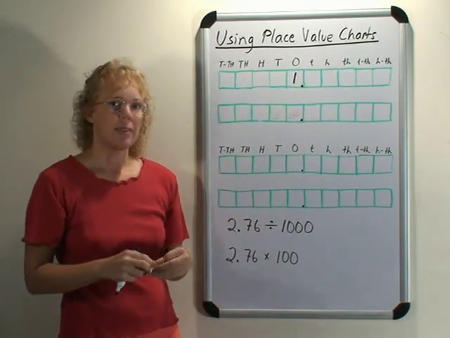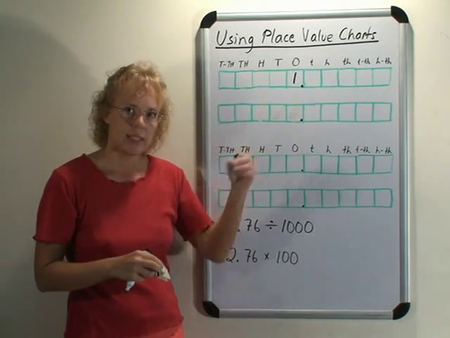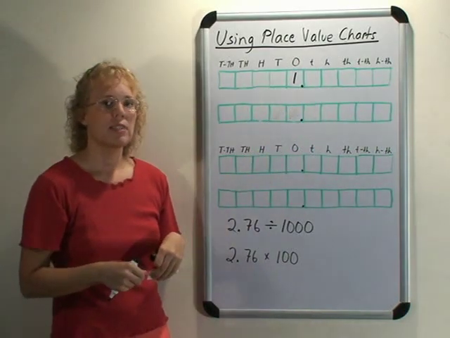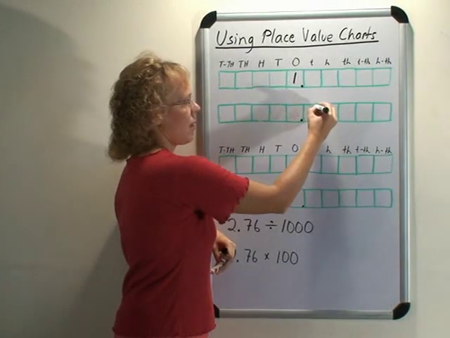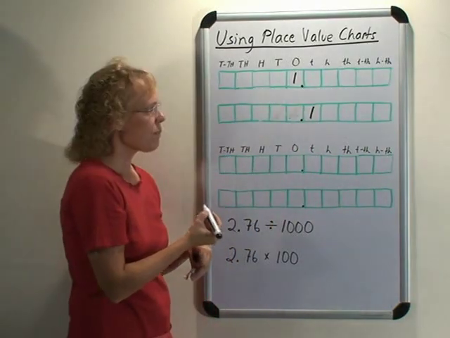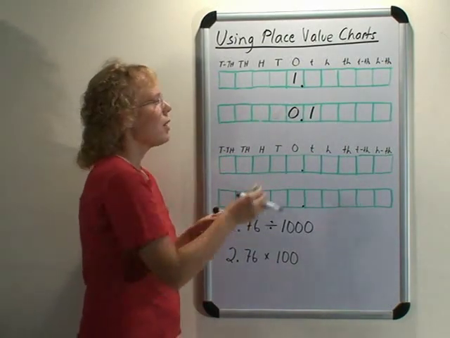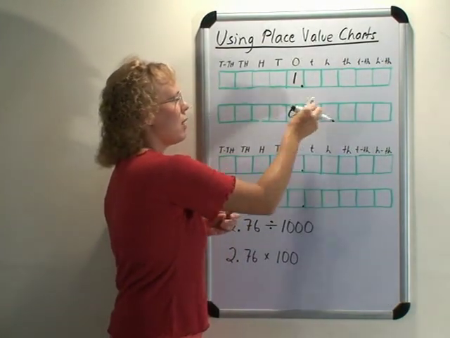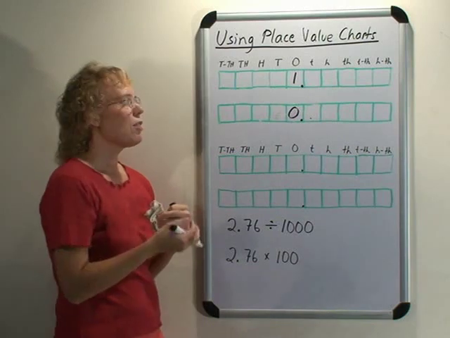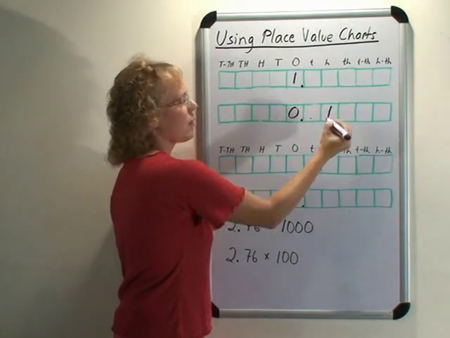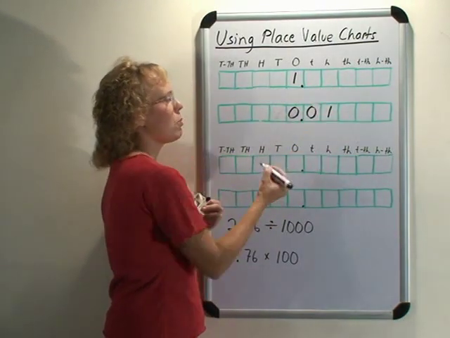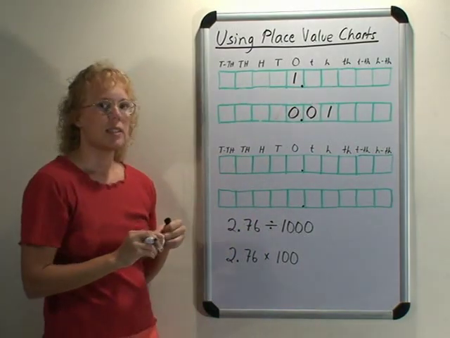Now let's say we divide. We have 1 divided by 10. So 1 divided by 10 gives us a tenth. It moves here. And then you can put 0 here, 0.1. If you start with 1 and you divide it by 100, then you get a hundredth, and put 0 here, 0.01, and so on.